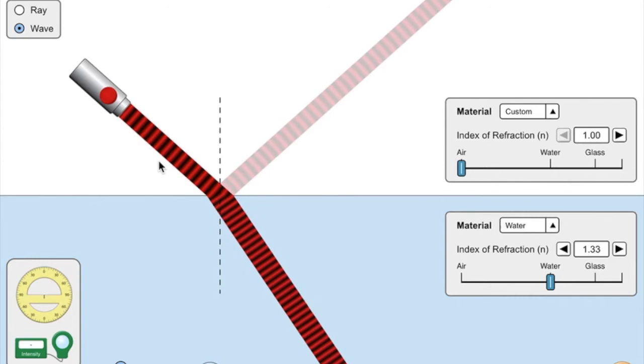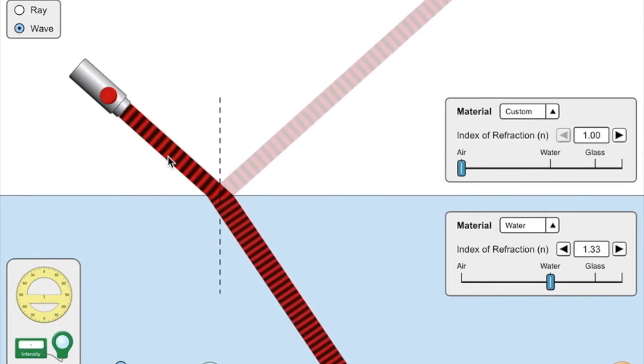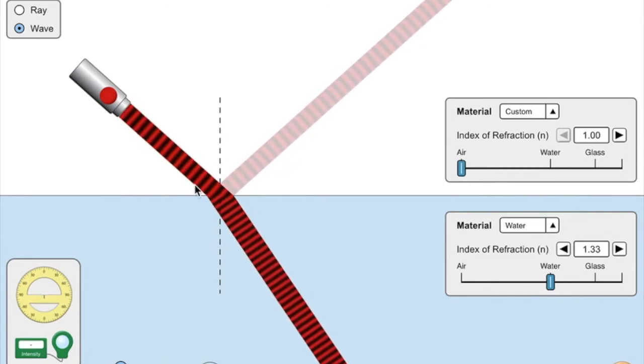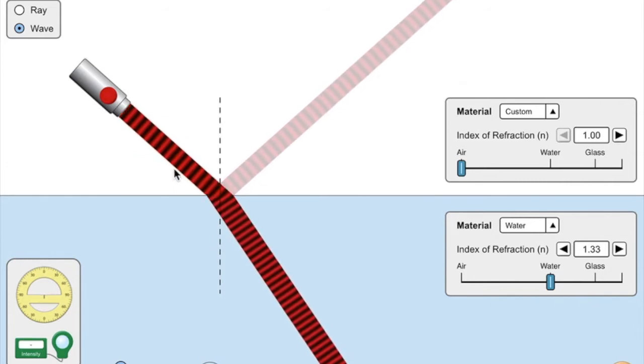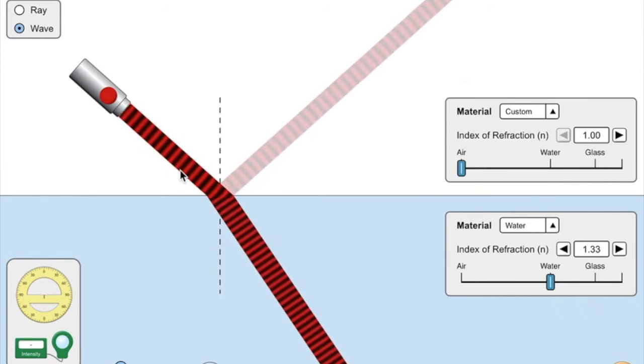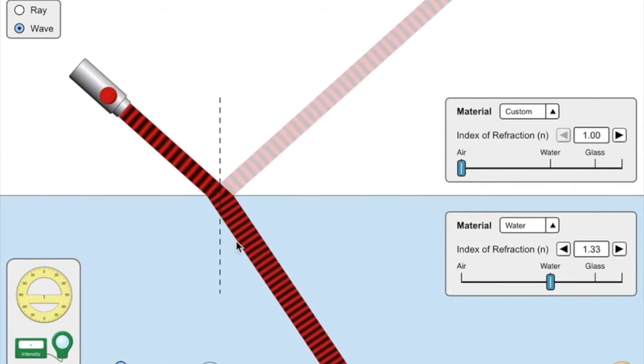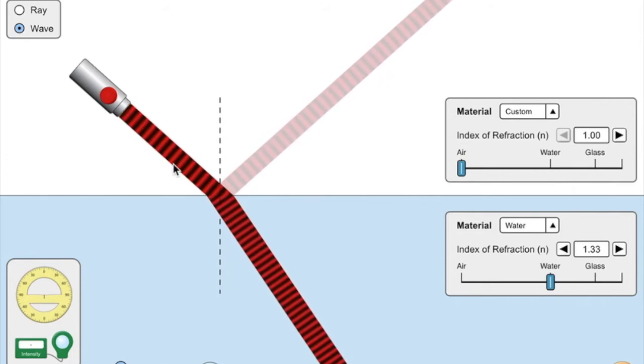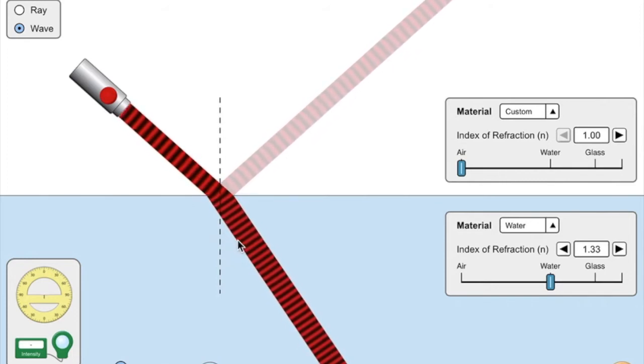So say the dark bits might be a trough and the red bits might be a peak, and it's going along like that. And you can see what's happening is that the light's coming out through the air, and you can see that these peaks, the distance between one red and the next red, is longer than when it's here. So the wavelength here is longer than the wavelength here.